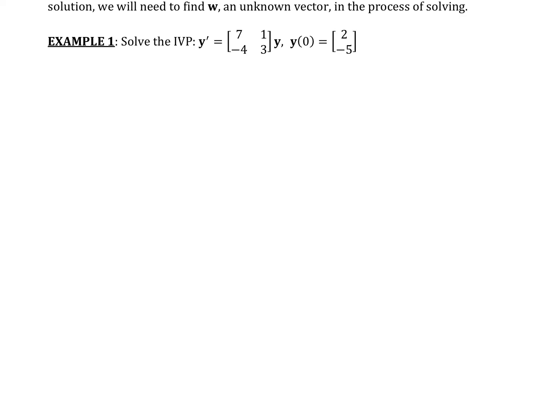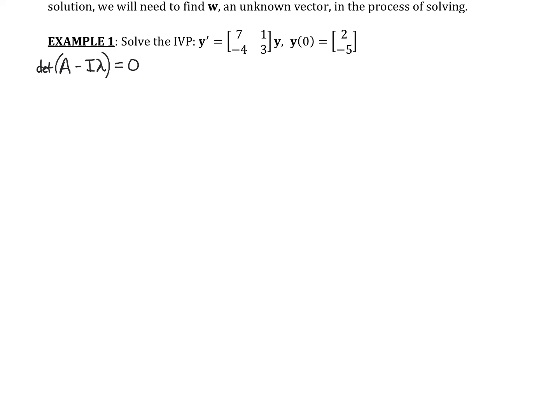So remember, the process to find the eigenvalue is we take A minus the identity times lambda, and then we set that equal to 0 after we find the determinant of this. Remember, that's the process we go through.